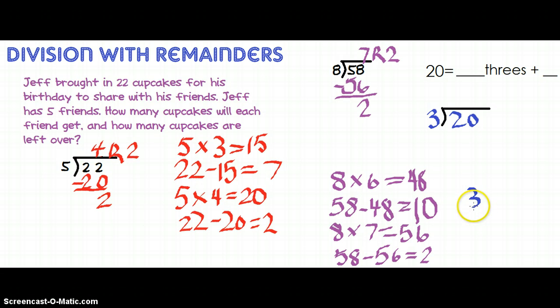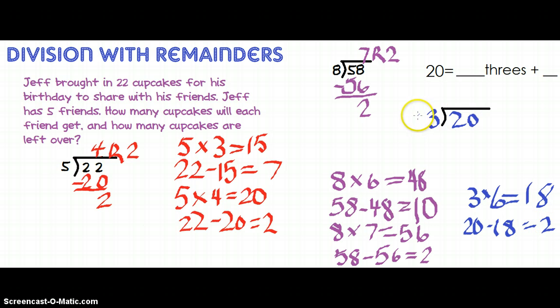So, I say 3 times 6 equals 18. And then I'm going to subtract because I need to find out I have 20 in all and I've used 18. So I have 2 left over.